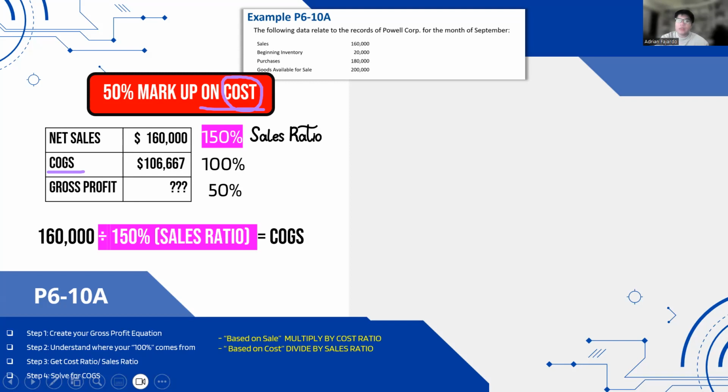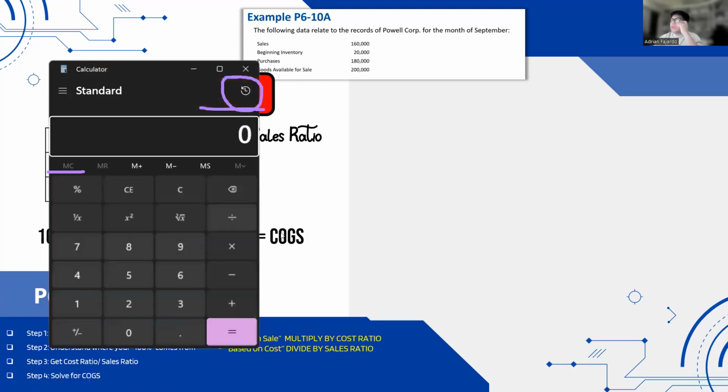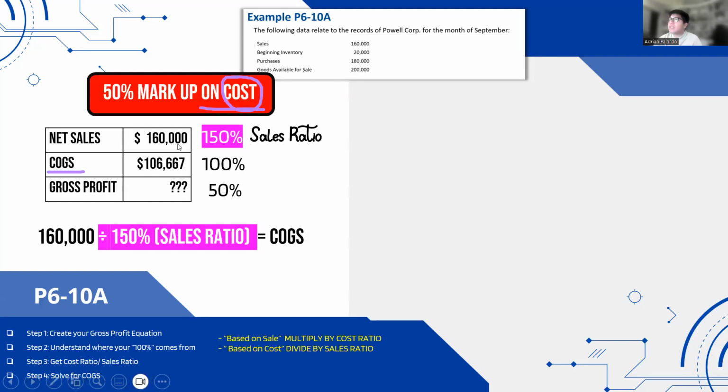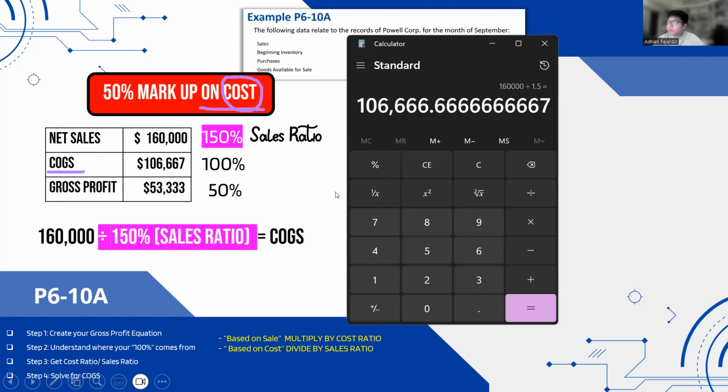So let's do that. So net sales, 160,000 divided by 150% or 1.5. 106,667. So, with that said, 160 to, so COGS, so ang gross profit natin would be 53,333.